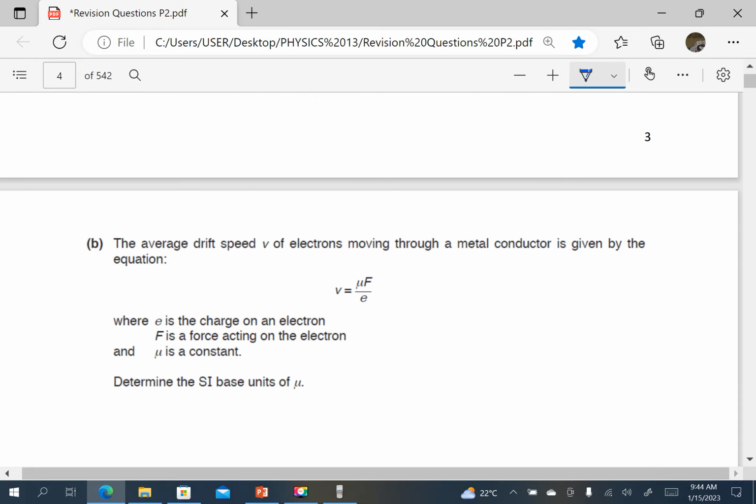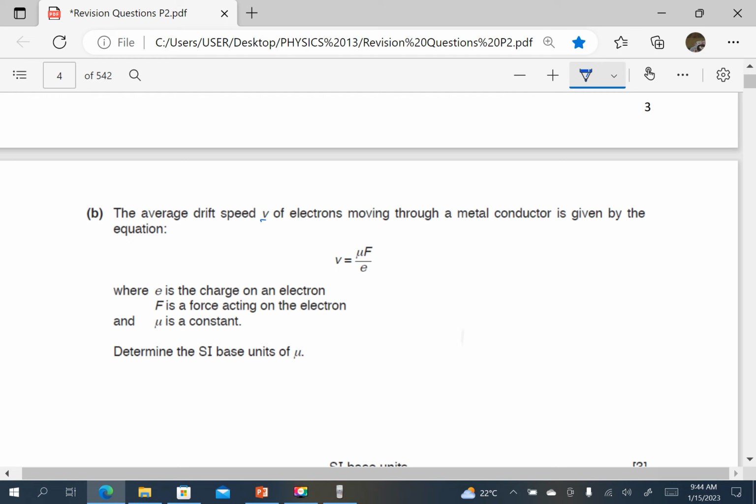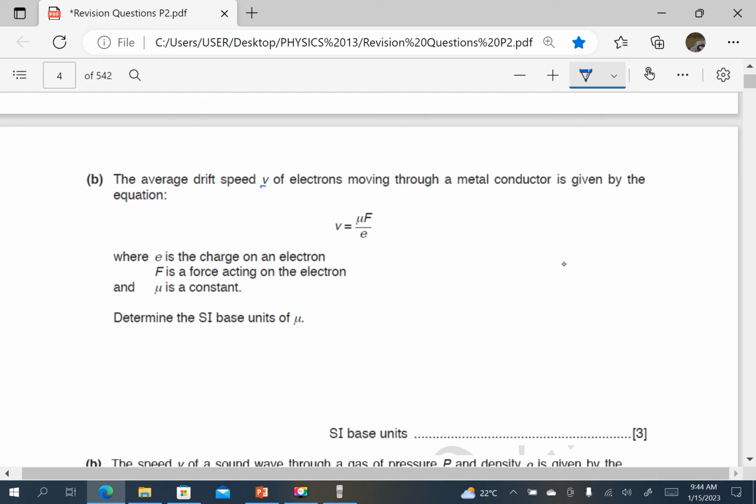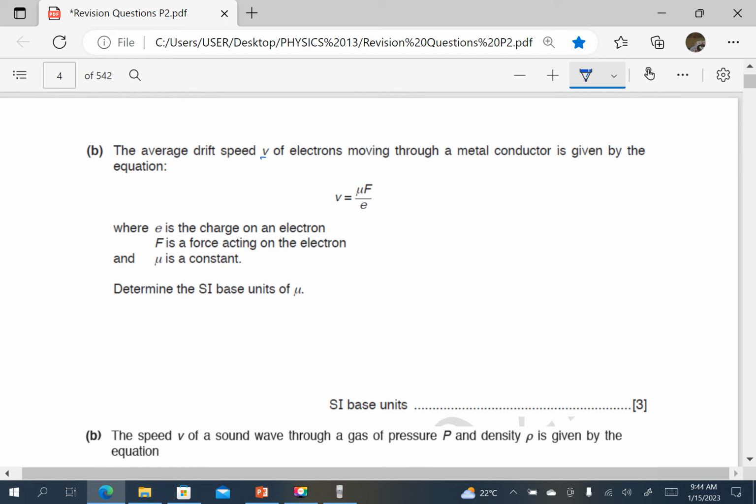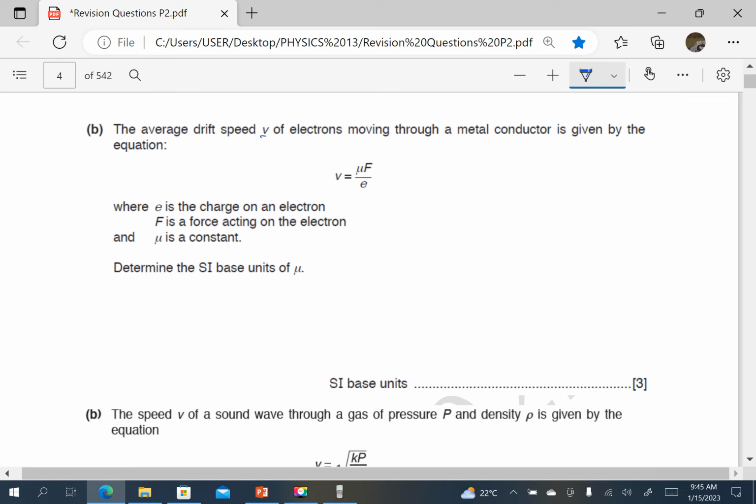The average drift speed v of an electron moving through a metal conductor is given by that expression. E is the charge on an electron, F is the force acting on the electron, mu is a constant. Determine the SI base units of mu. So first of all, I will make mu the subject. So mathematically, mu is going to be equal to E times V divided by F. Let's list the units.